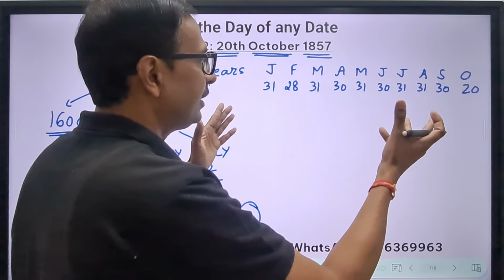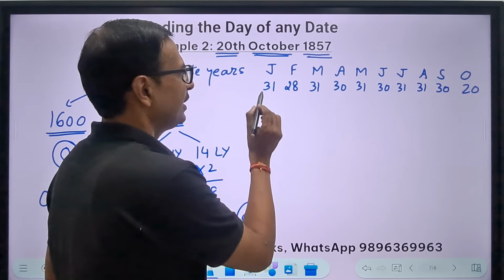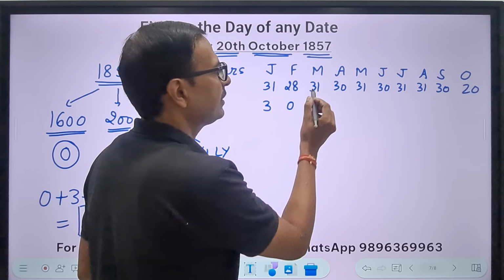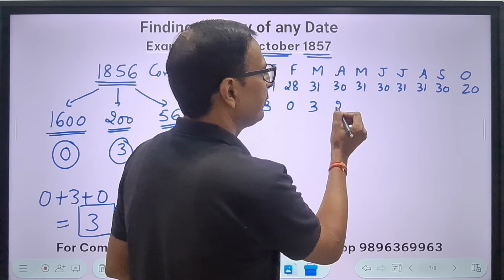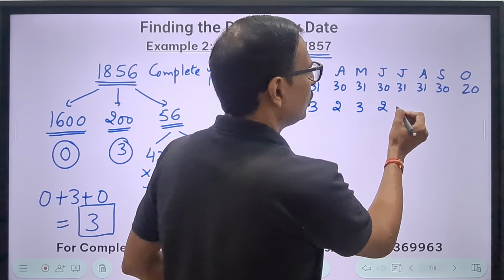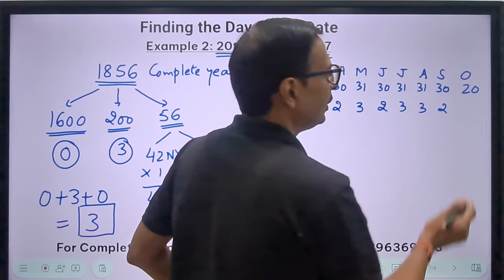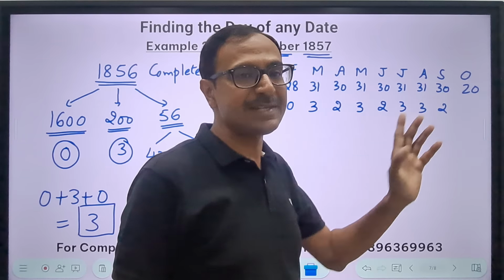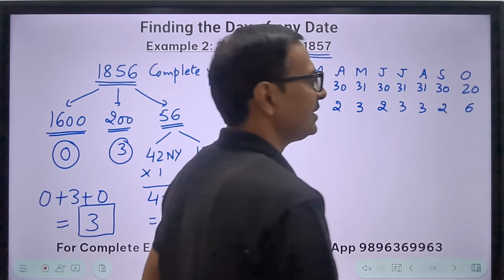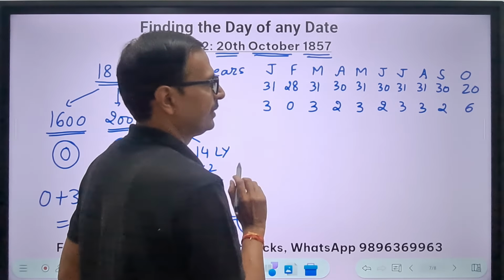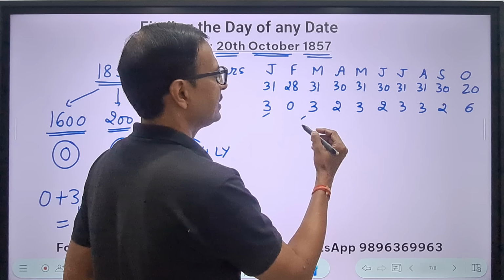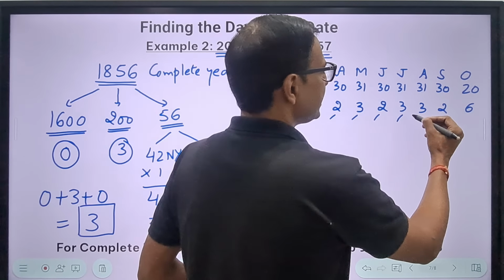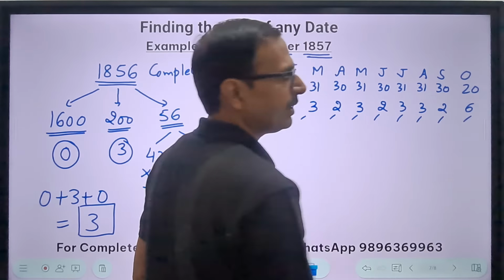And now I will find the odd days. If you divide this by 4, you get 3 remainder. This is 0 remainder. This is 3 remainder, 2 remainder, 3 remainder, 2, 3, 3, 2. And if you divide this by 7, you get 6 remainder. So we get a 6 here. Now if you add all these, you get 3 plus 3, 6 plus 2, 8 plus 3, 11, 13, 16, 19, 21, 27.